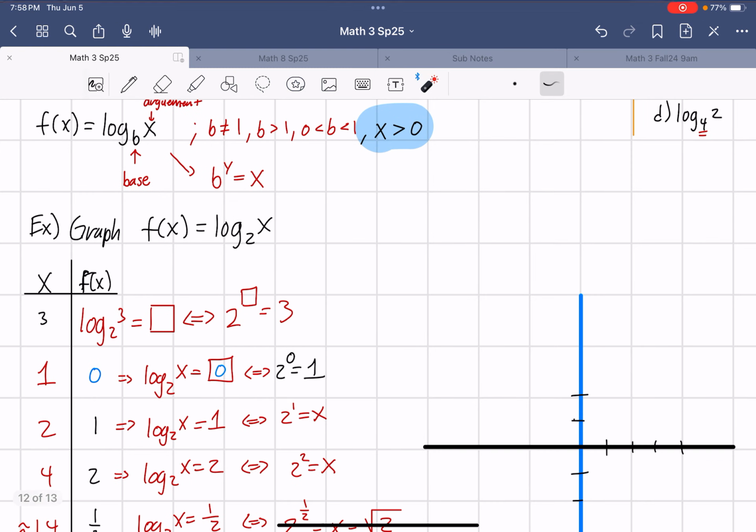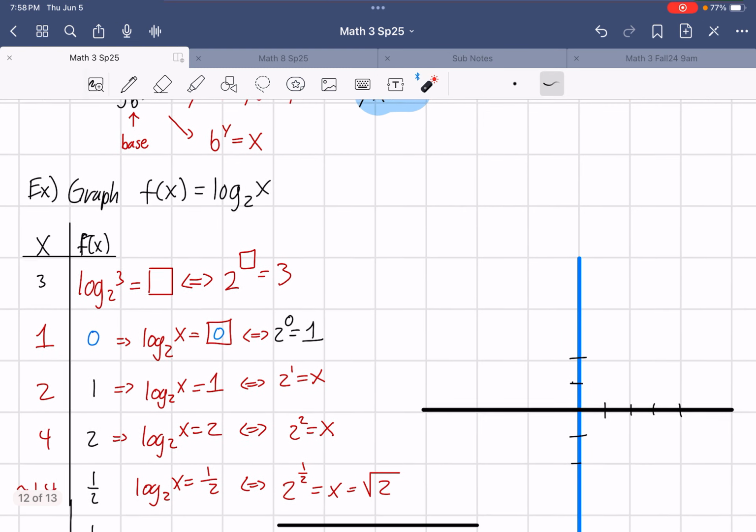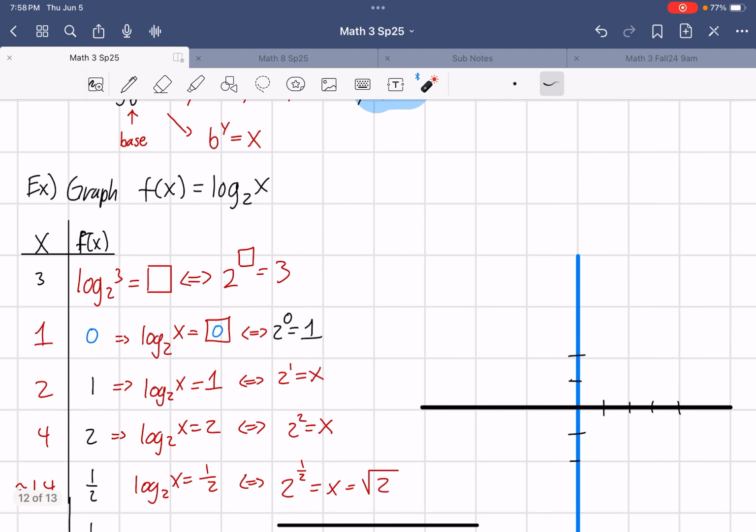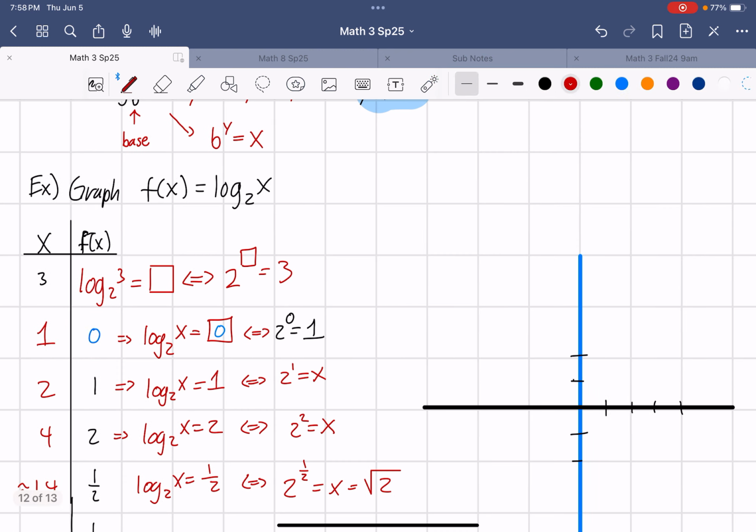Now, let's start plotting some of our points. So at x being 1, our y is 0. X is 1 and our y is 0. That's our first point right here.